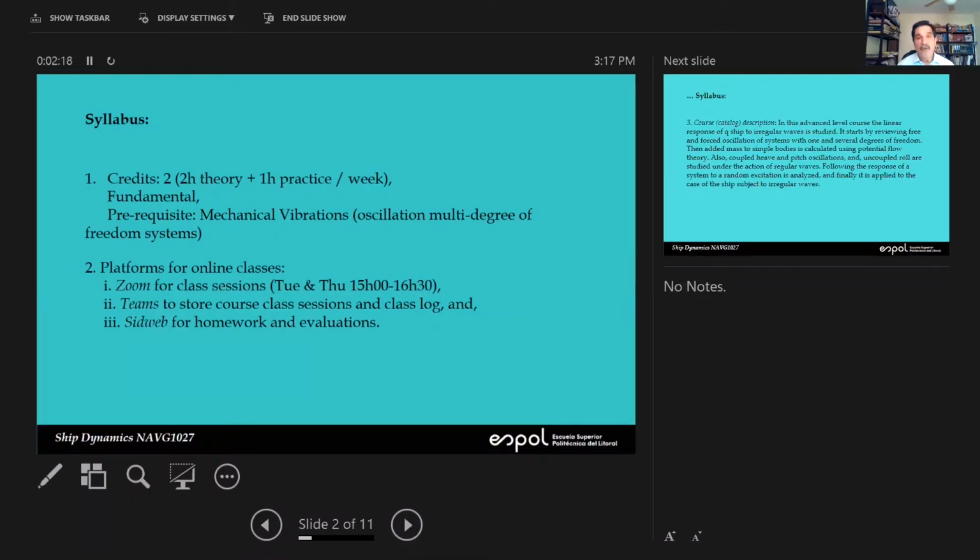And finally, the SeedWeb, okay? The SeedWeb, we're going to use it for homework and also for the evaluations, okay? When we have a homework, I'm going to post a homework next Thursday, I will post it in SeedWeb. And of course, you have to load your work in the same platform, okay? Evaluations, same thing. We're going to do it using the SeedWeb.